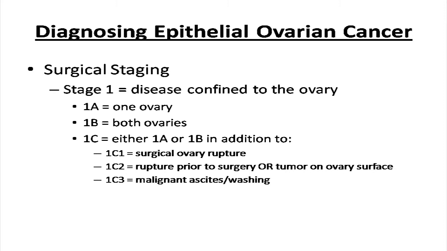So at the time of surgery, fluid that's naturally in the pelvis or in the abdomen, or there as a result of the cancer, is collected, and there is no evidence of rupture of the ovary, or there may or may not be disease on the surface of the ovary. Those washings show evidence of malignant cells.